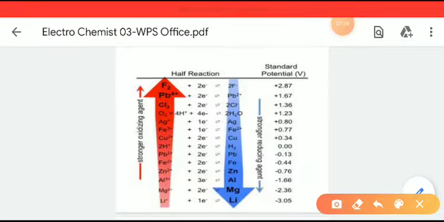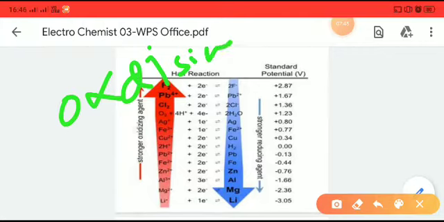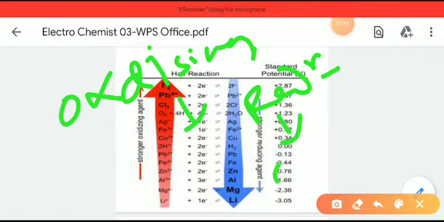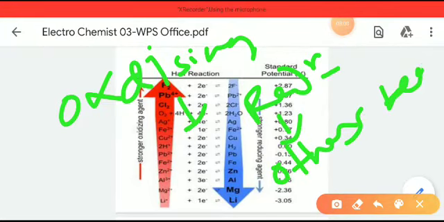Oxidizing agent means it will take electrons and become reduced itself, and make others oxidized.